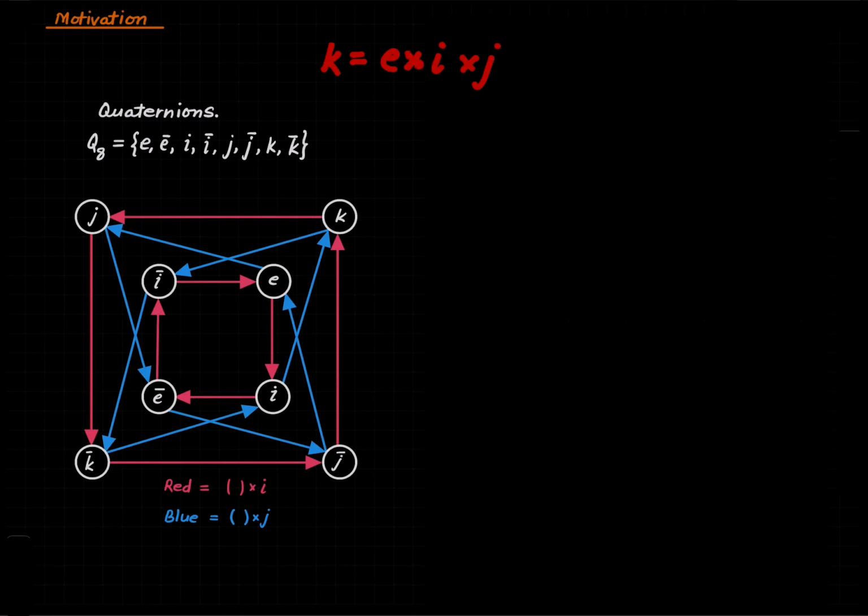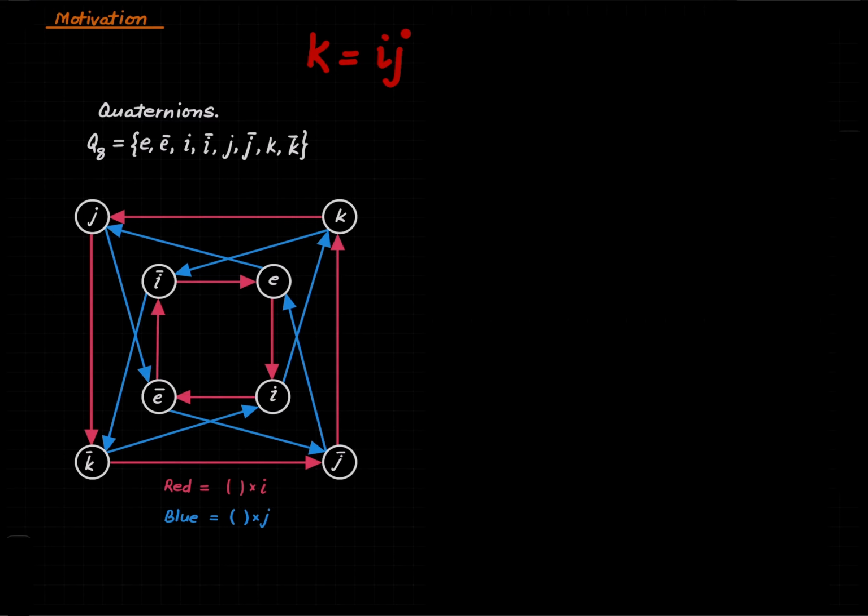You can suppress it or write a star in place of it, I just mean the group multiplication. So k is right multiplication by i applied to e, and then again right multiplication by j. So you land up at k. So k is i times j, because identity times i is just i.